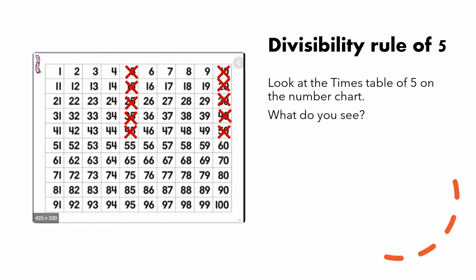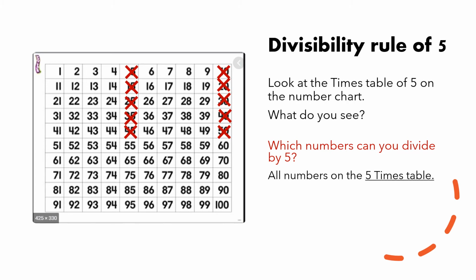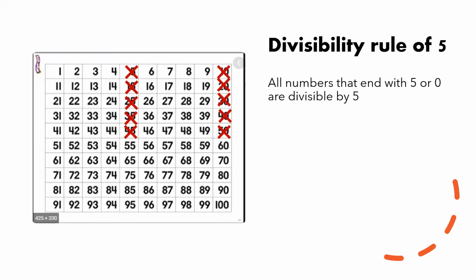What do you see? You see a pattern? Which numbers can you divide by 5? So all numbers on the 5 times table we can divide by 5, right? So what is the pattern of these numbers? So all numbers that end with 5 or 0 are divisible by 5.